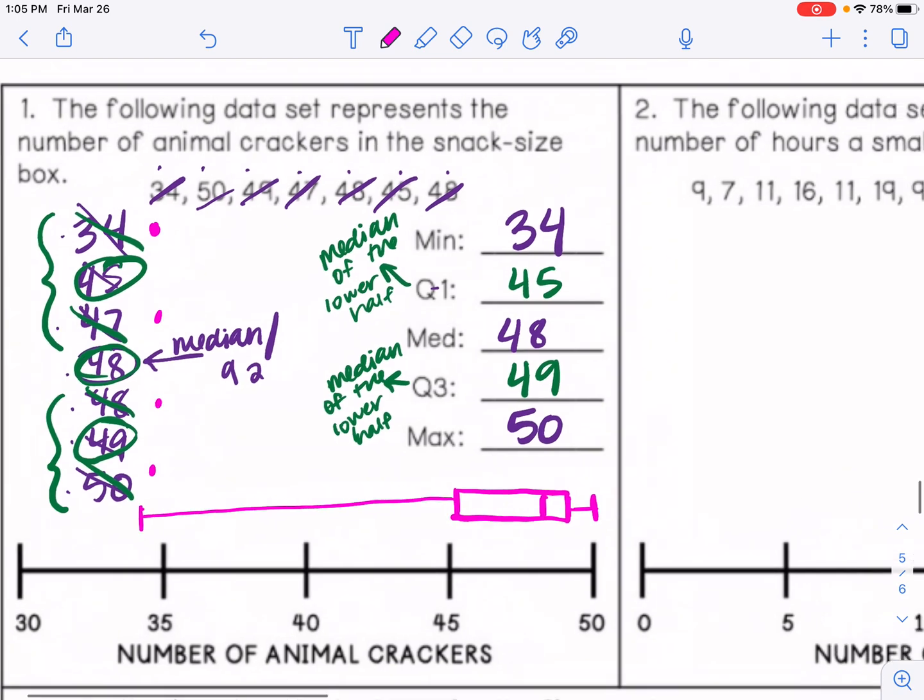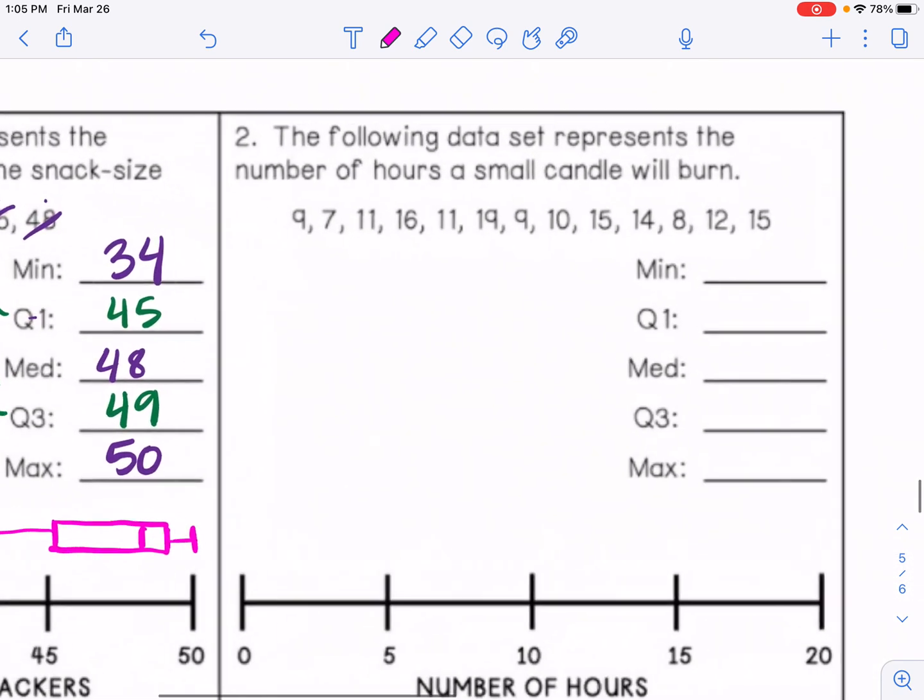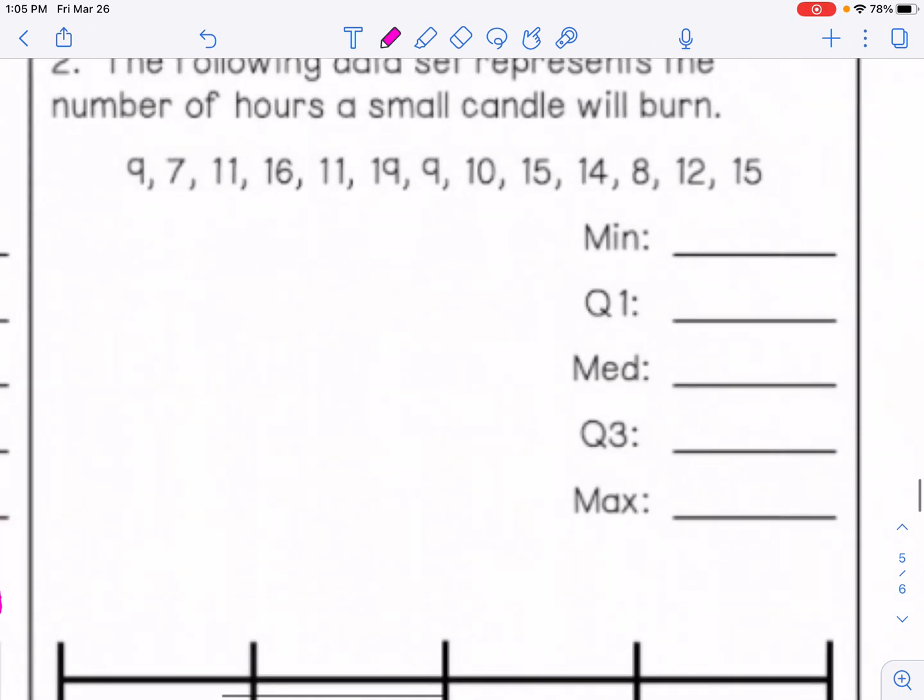Okay, you're going to do the same thing to number 2. You're going to try it on your own. Just remember, minimum is the smallest number, maximum is the biggest number. For the median, don't forget to put them in order from least to greatest. If it's 2 numbers, you would have to add them together and find the average by dividing by 2. This right here, Q1, is the median of the lower half.